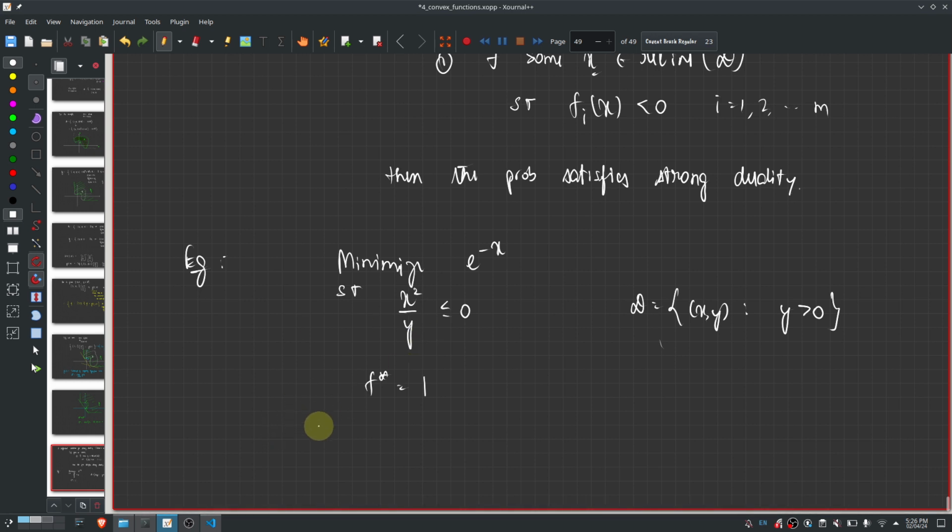But let's look at the Lagrangian. There's one inequality constraint, so e to the power minus x plus lambda times x square by y. So this should be L of x, y, lambda. What is the minimum of this over all x comma y?